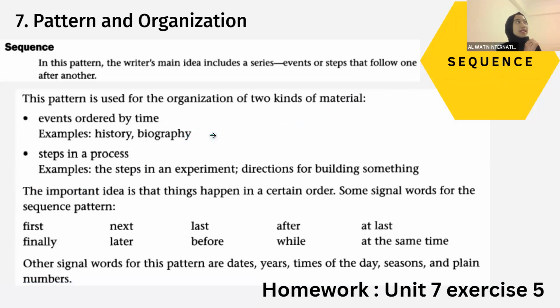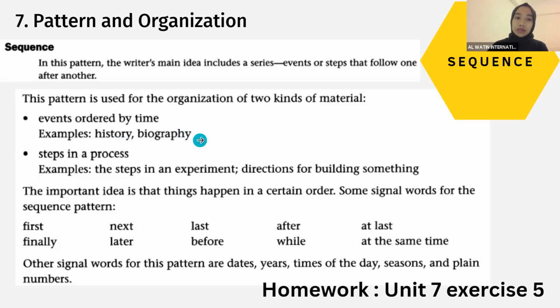History, let's say we talk about the history of, I don't know, Turkey, for example. They usually write based on the year, from the year 1900 or 1800 something. They write it year by year. That's history. Or a story, start from the past, comes to the present.